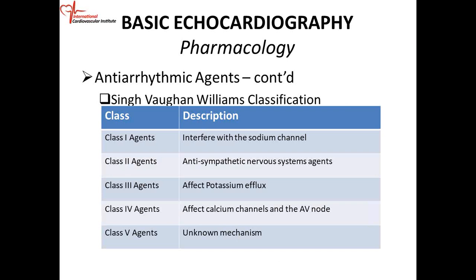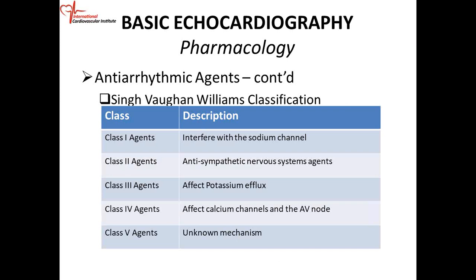That's a class 2 agents. Then the class 3 agents, they affect potassium efflux, or potassium channel blockers. That's a broad classification. Class 4 is your so-called calcium channel blockers. And then your class 5 agents, the mechanism is not really known.